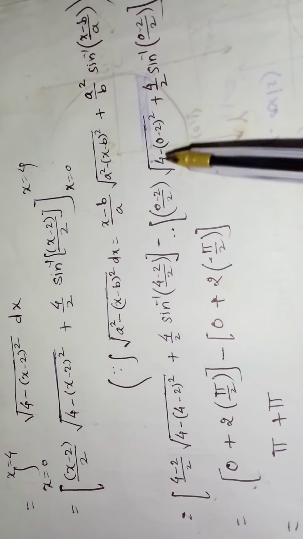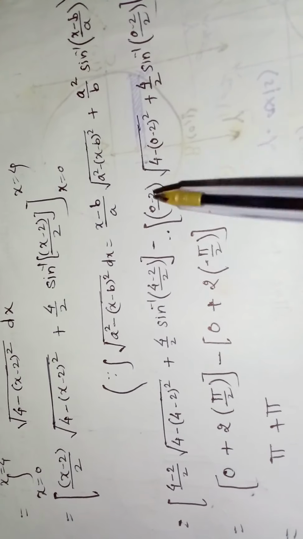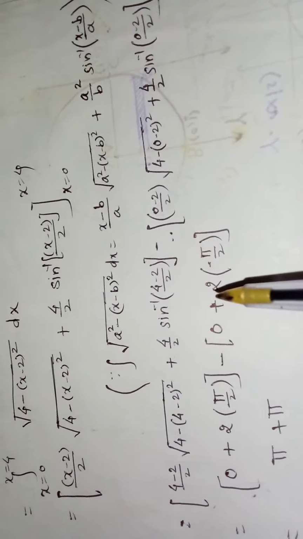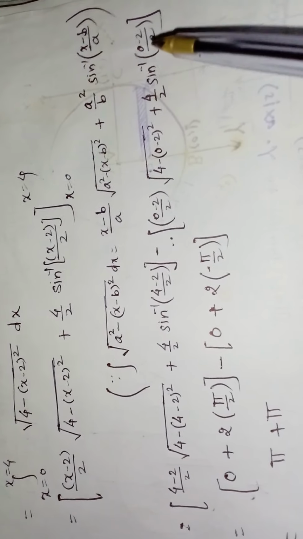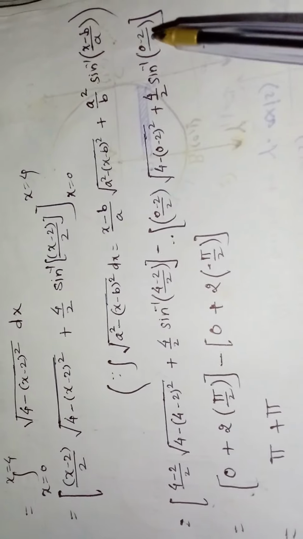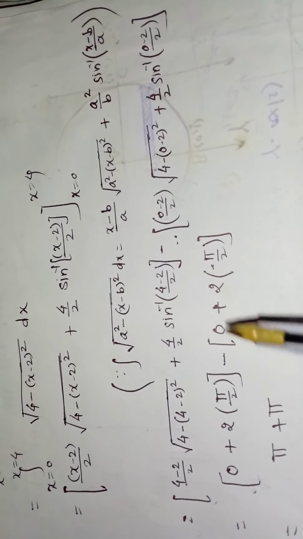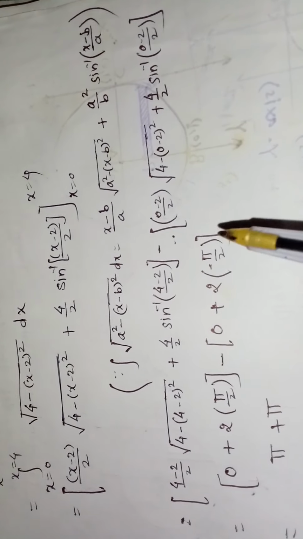Minus the second bracket, again because of this square root the value of the first term is 0, plus 4 upon 2, that is 2 as it is, into sine inverse of (0 minus 2) upon 2, that is sine inverse of minus 1, and the value of sine inverse of minus 1 is minus pi by 2. So this is the upper limit minus the lower limit.